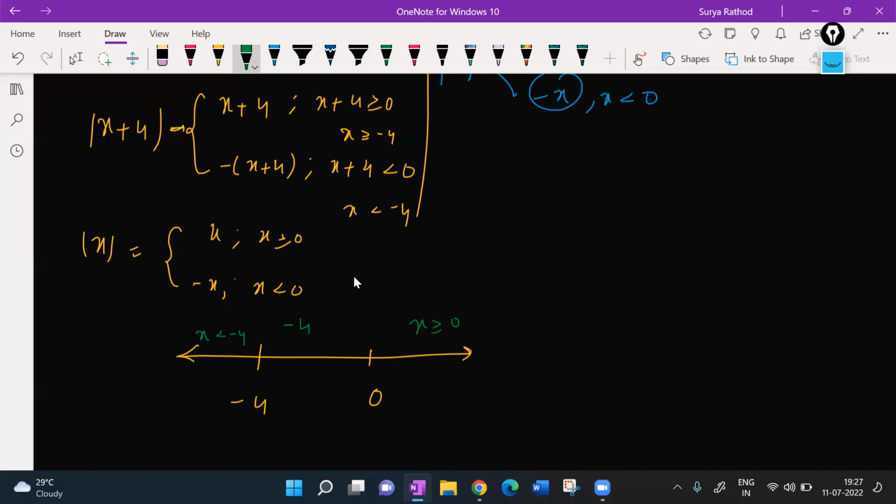Minus 4 less than or equal to x. This is what we have here. This is one case I have, and x less than 0 we also have. Take the cases. Tell me the answer.